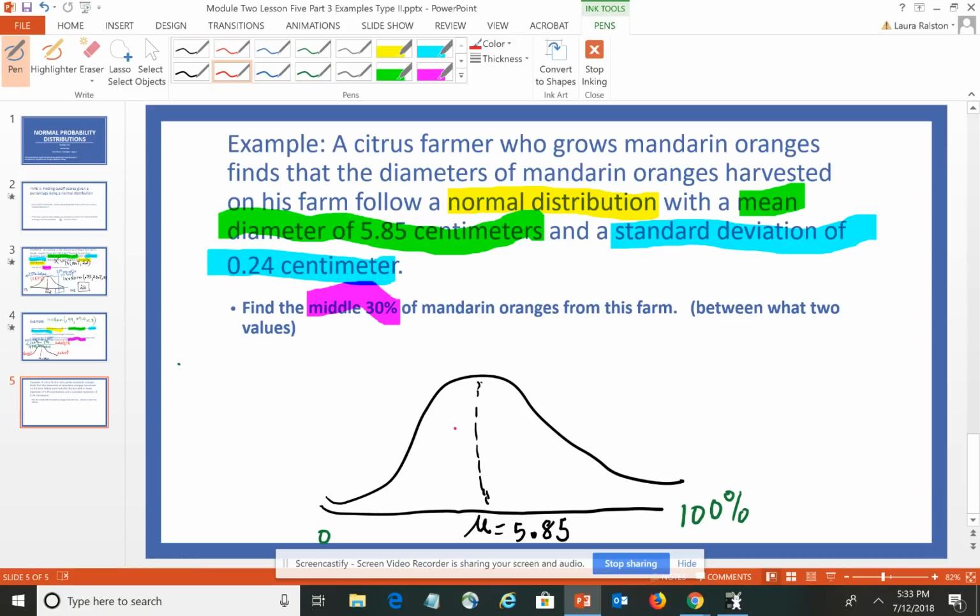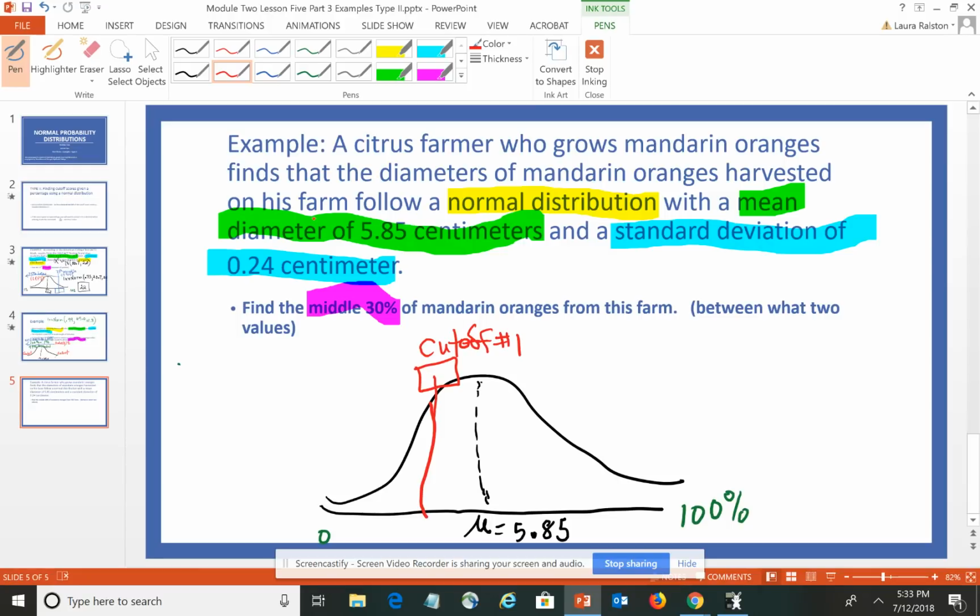So remember that this is a symmetric distribution. So if I want 30% in the middle, that means I'm going to have 15% between the mean and this cutoff. So here's cutoff 1, right here.